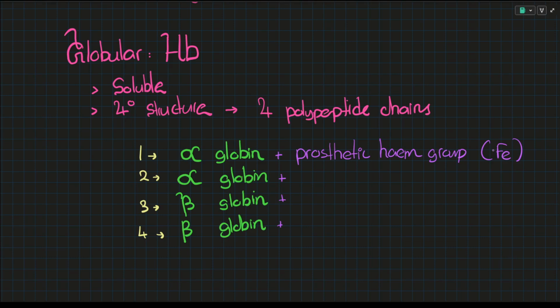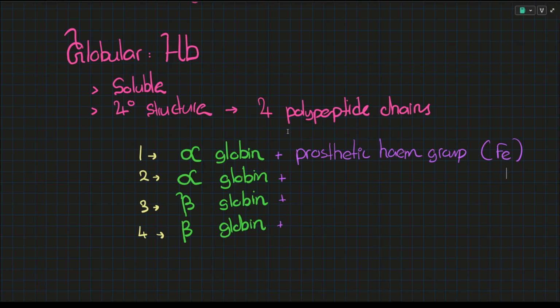If you don't have a hand or a leg of sorts, you're going to get a prosthetic. It's something that doesn't belong to you, that's not part of your body. Just like that for hemoglobin, the prosthetic heme group is in the sense that iron is attached to the globin, attached to the polypeptide chain. It's not part of it. It's externally attached. That's the idea.